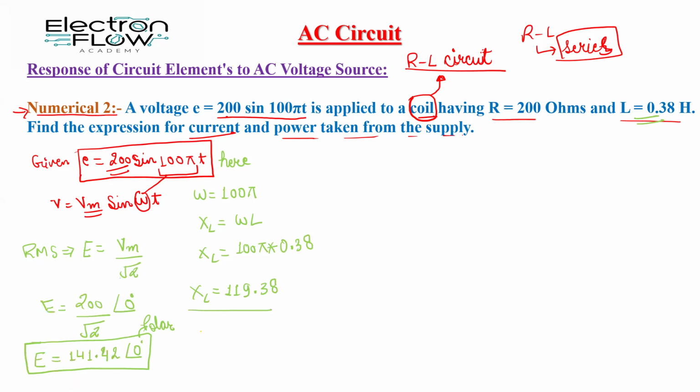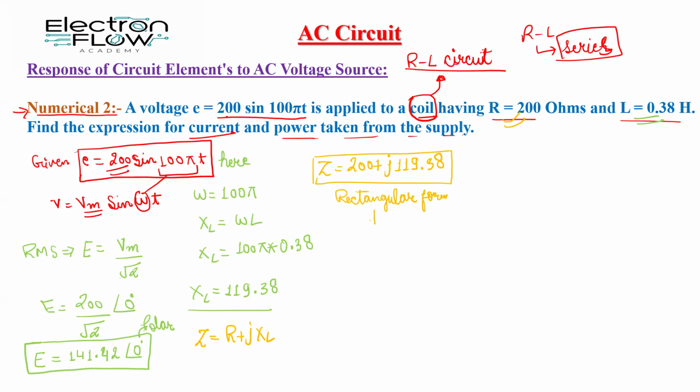Now the total impedance is given by Z is equal to R plus j XL. So the value of the impedance is 200, which is the value of the resistance, plus j XL, where the value of XL is 119.38. This is the rectangular form.